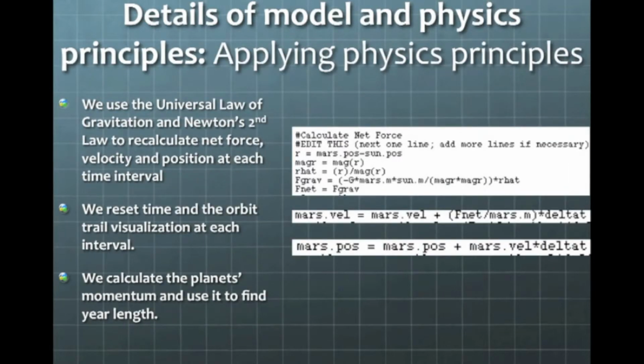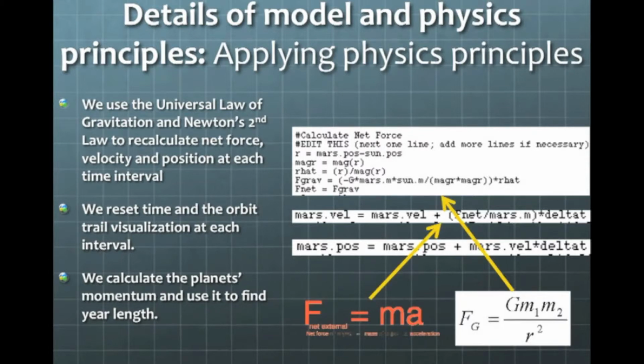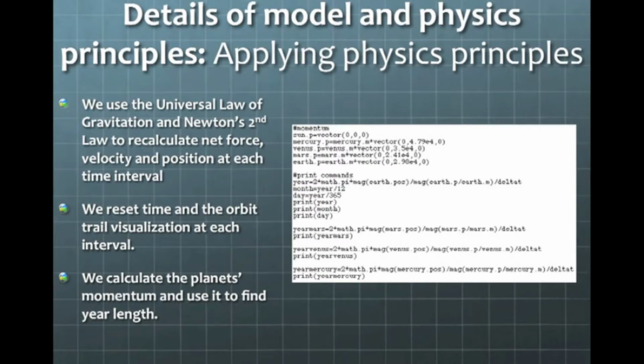So now we're going to use the universal law of gravitation and Newton's second law to recalculate the net force, and then by extension the velocity and the position at each time interval. And we reset time and orbit trail visualization at each interval, and we calculate the planet's momentum, and we use it to find year length.